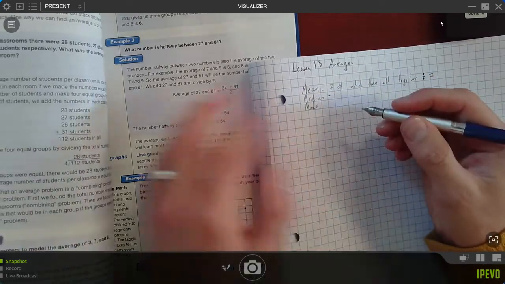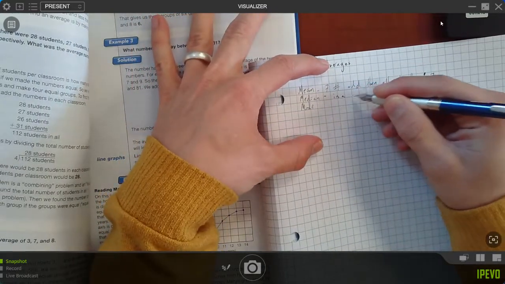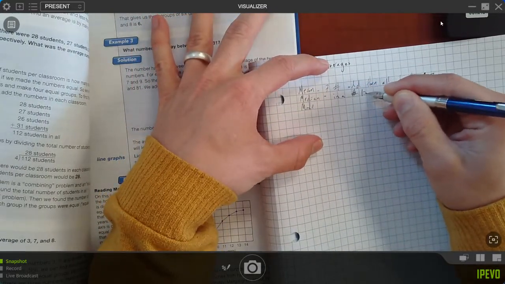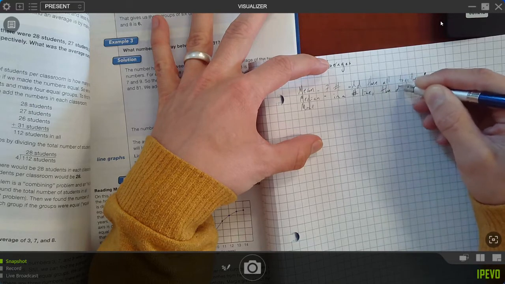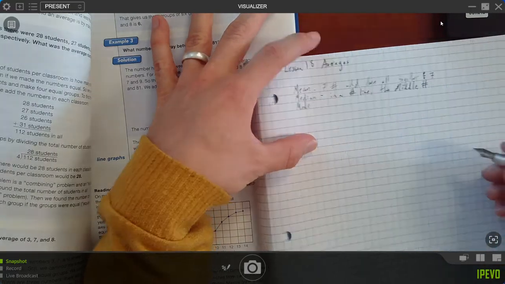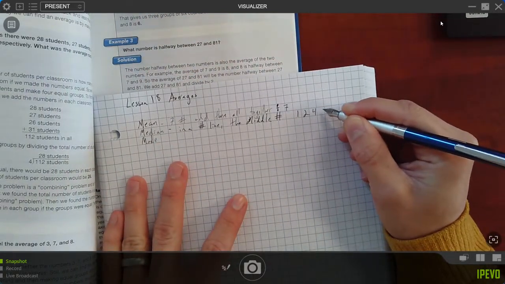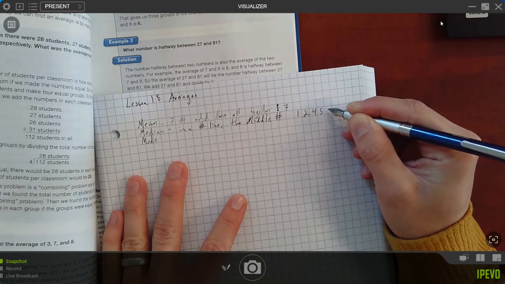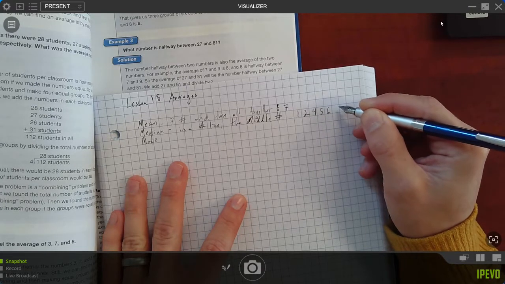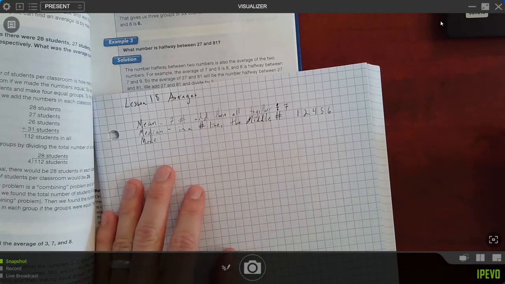What we'll find out with the median is in a number line, the middle number. So if we had 1, 2, 4, 5, 6 as our numbers, right?